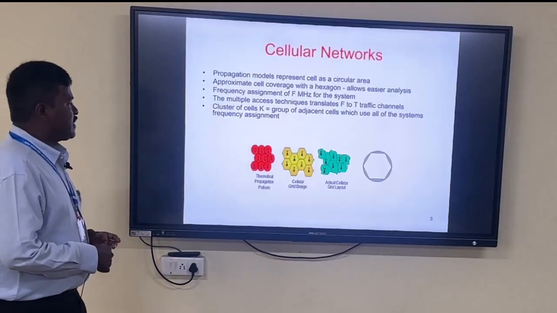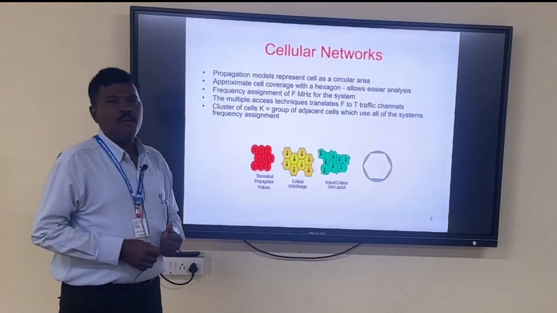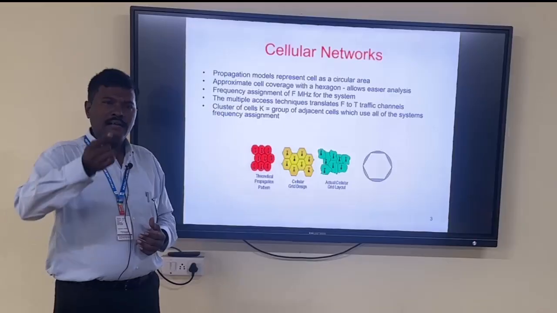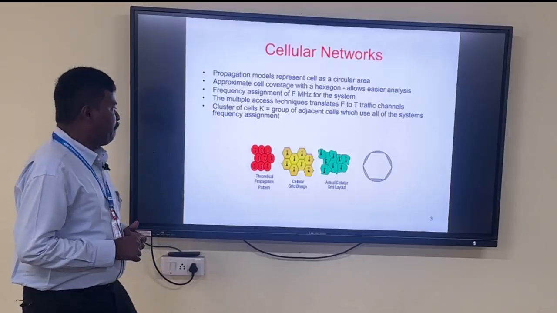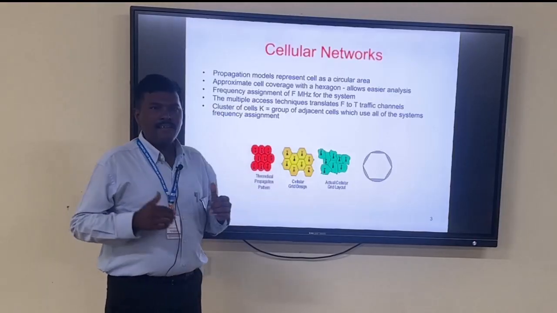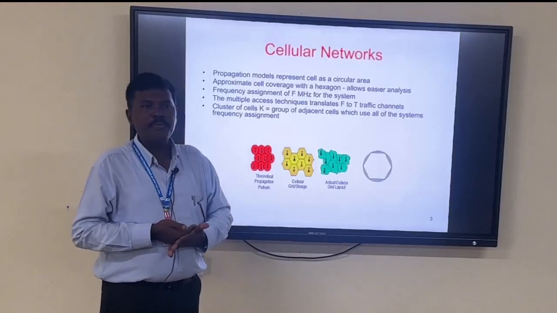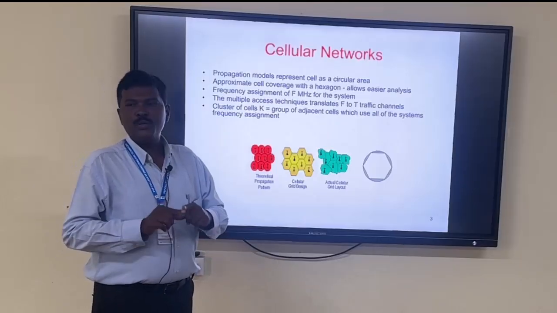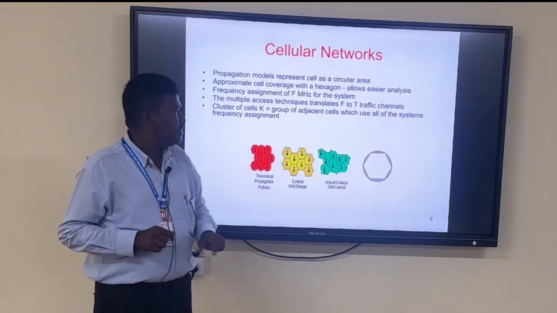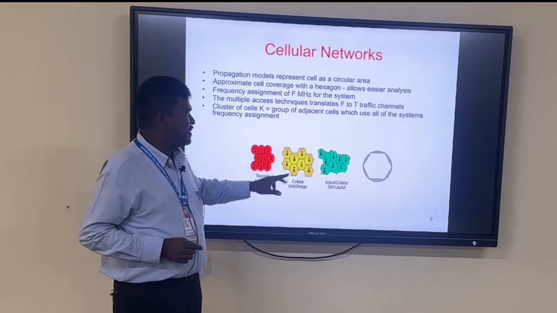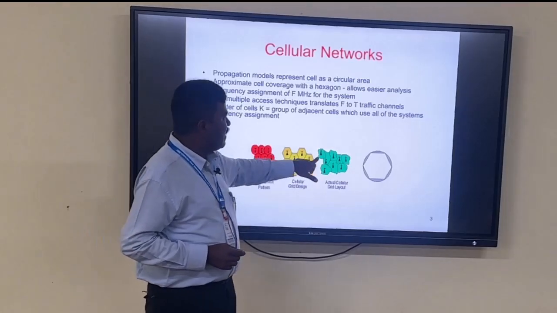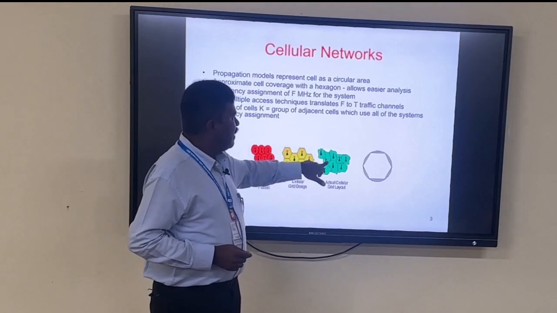The next is the theoretical propagation pattern. As I told you, it is a circular pattern only. If we talk about cellular grid design, in order to attain the approximate coverage area, we come up with the hexagon shape. This is the cellular grid design, but practically you can see that this is the actual cellular grid layout.